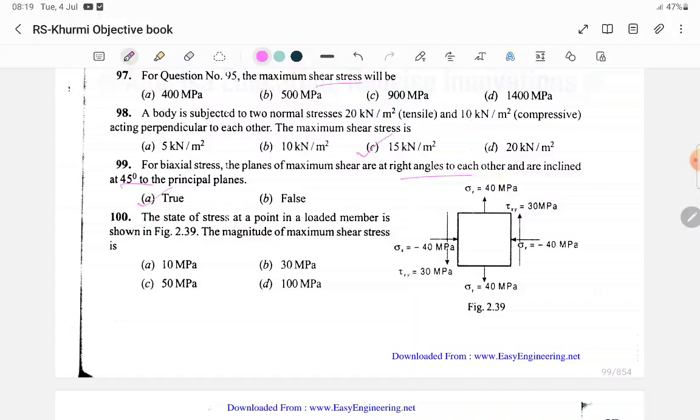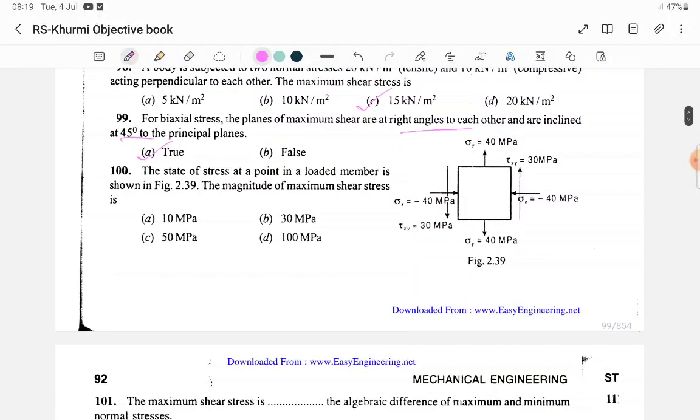100. This is the case. Sigma x given, tau of xy given, sigma y given. So maximum shear stress is asked. What is the maximum shear stress formula? 1 by 2 into under root of sigma x minus sigma y whole square plus 4 into tau of xy whole square.